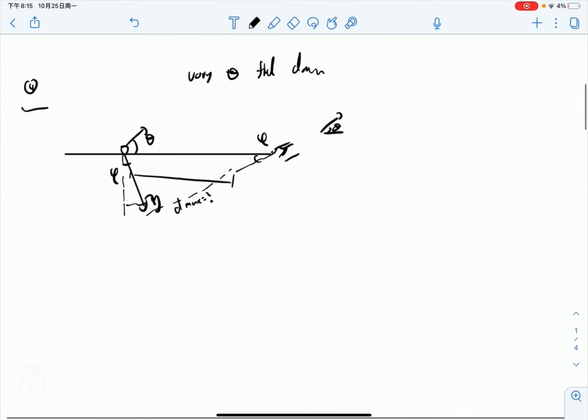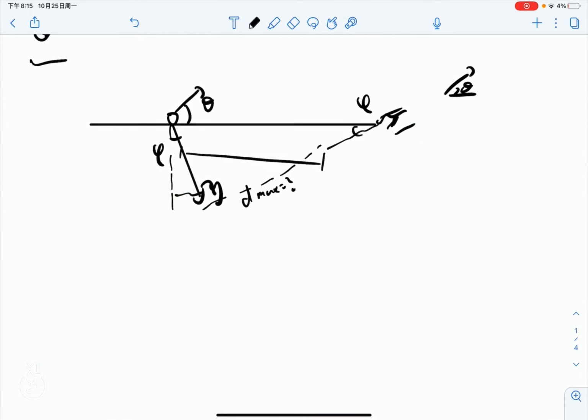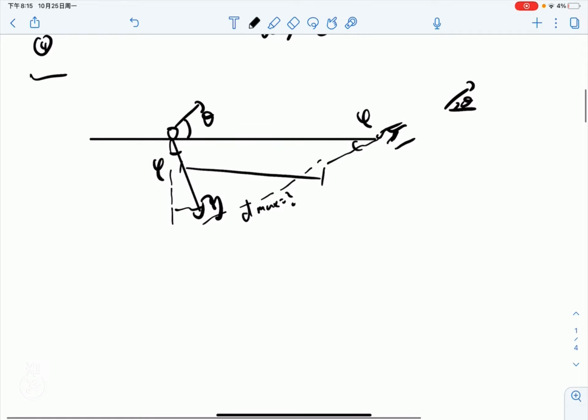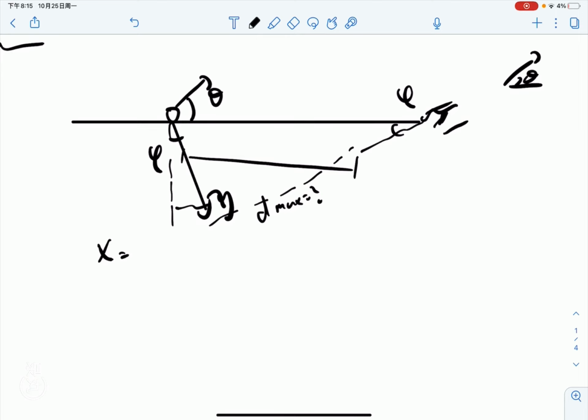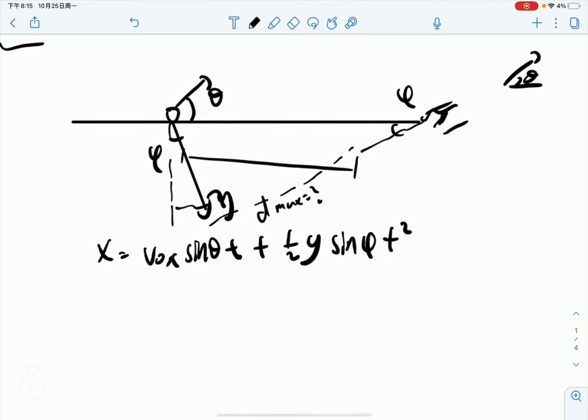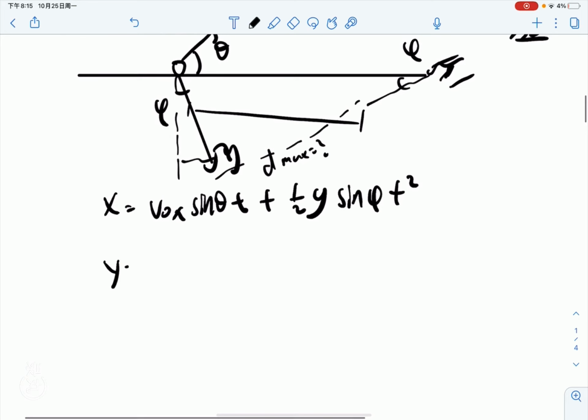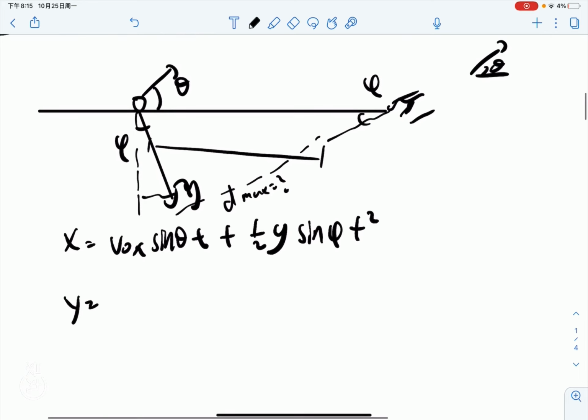So the x component is basically, let me see. X is v0 sine theta t plus 1/2 g cosine, never mind, t squared. And y is, what I'm doing here, v0 cosine.